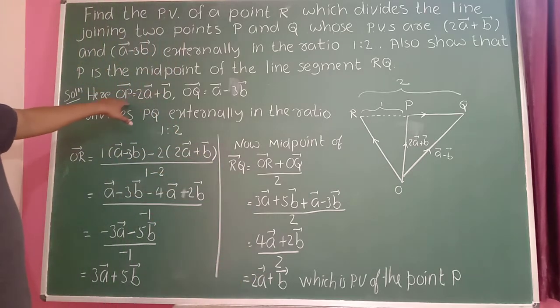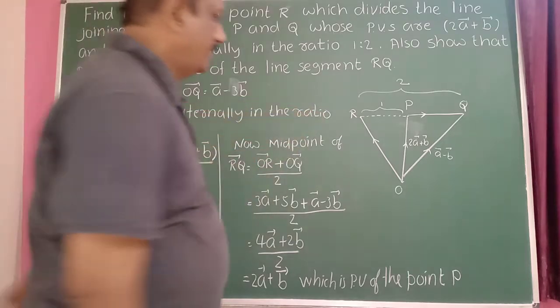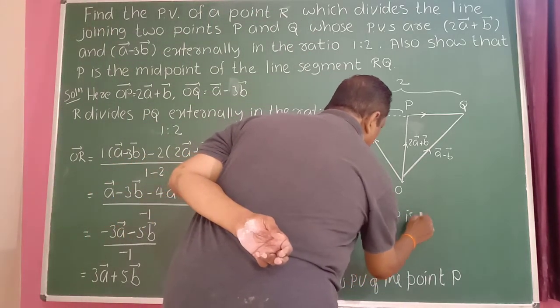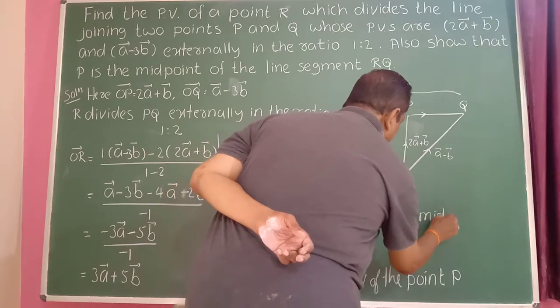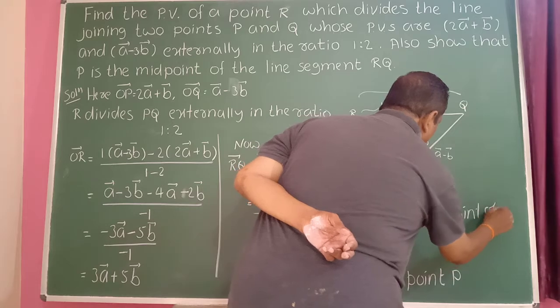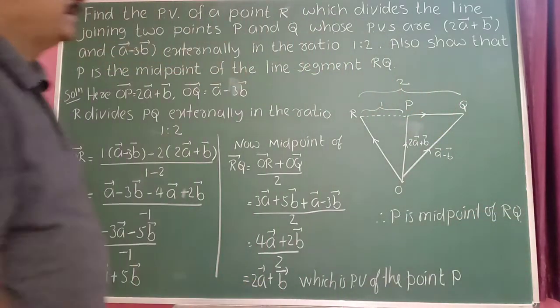This is the position vector of the point P. Then obviously P is the midpoint of RQ. So this is the solution.